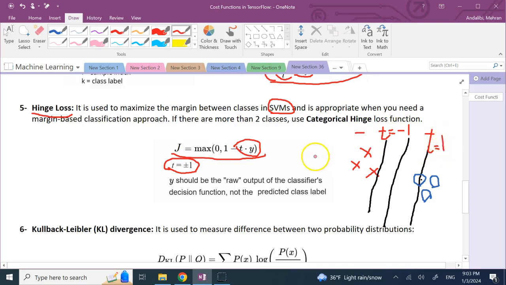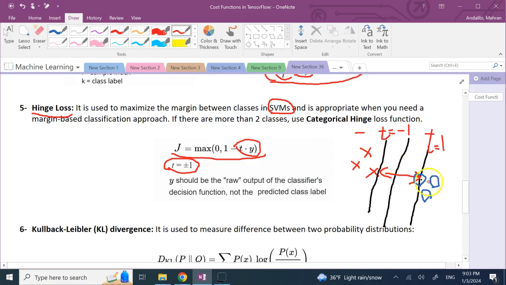Okay, and it's not like 0 and 1. So the goal of this cost function is to maximize this gap, this width here, or this band, you might call it.